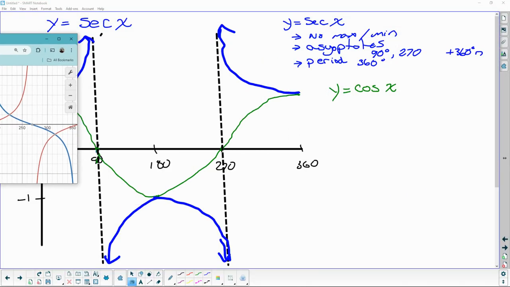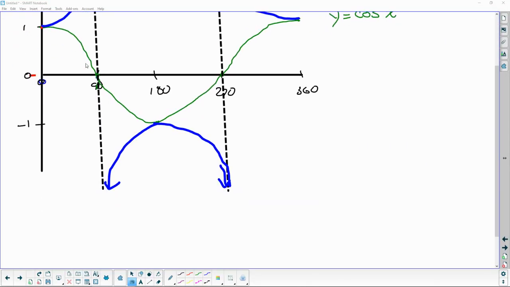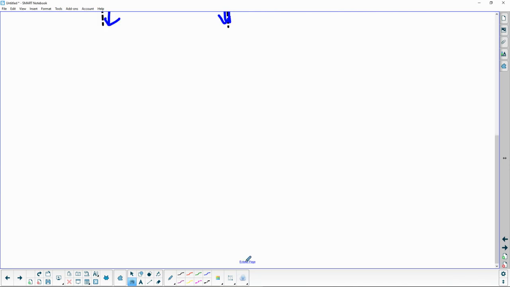on our summary here. So cotan x, y equals cotan x. Okay, and basically this is shifted over.